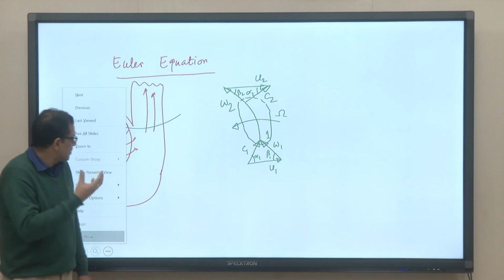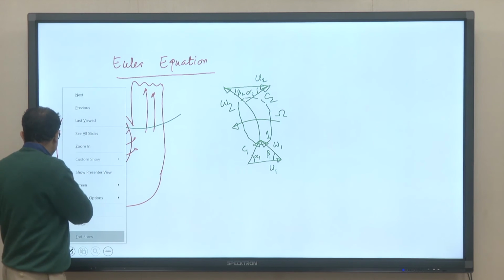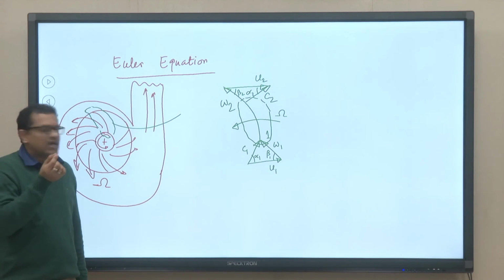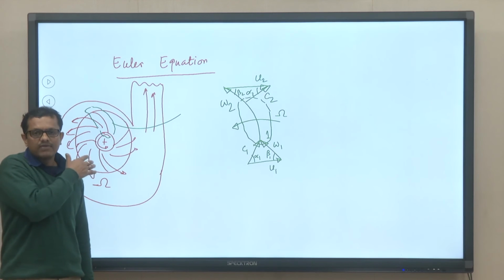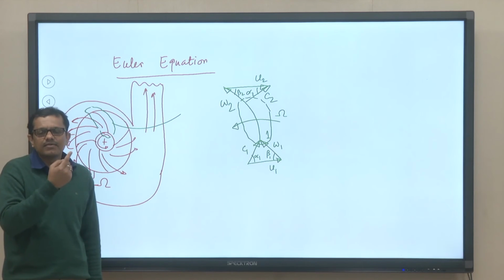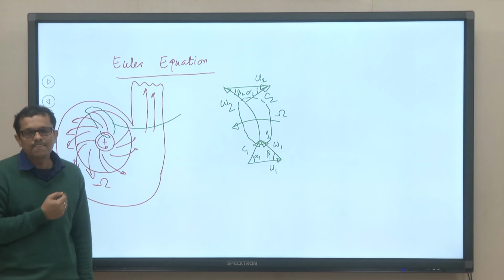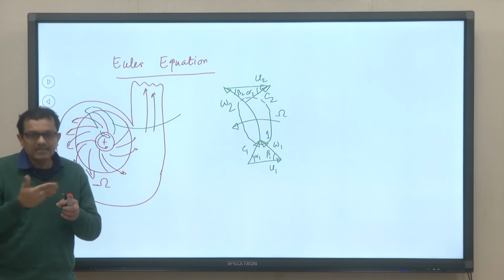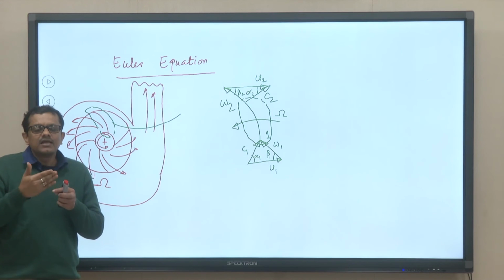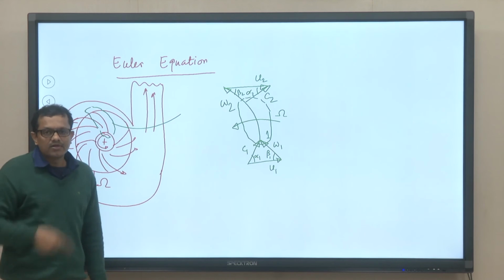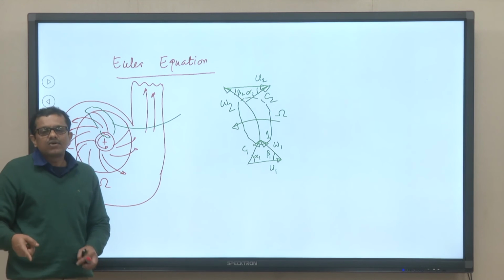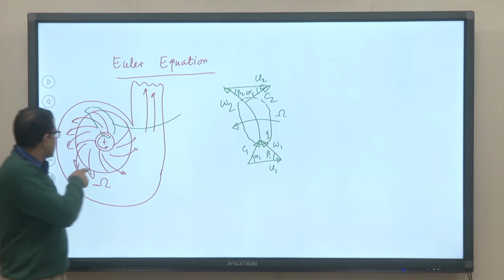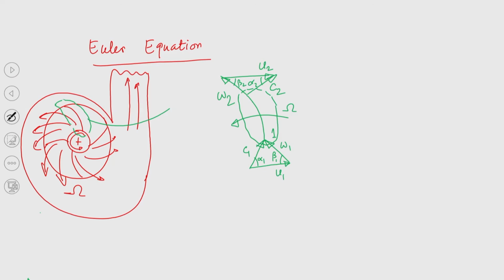What I am telling is that the fluid particles which are coming and entering into the pump or turbine will have rotation about their axis, I mean the fluid element, and the rotation may be in the direction of pump rotation, or it may be in the opposite direction of the pump rotation. Here we have assumed that the pump is rotating in the counterclockwise direction.